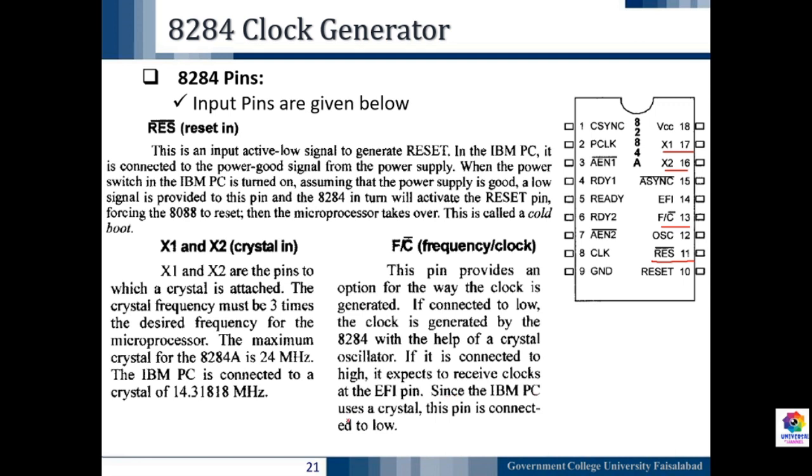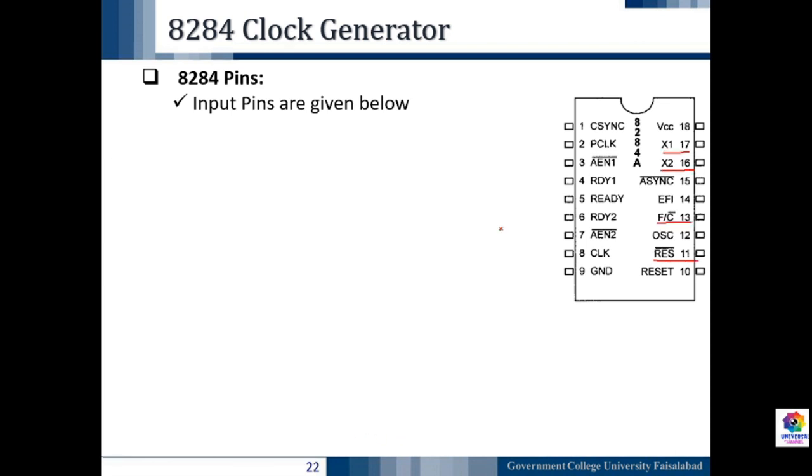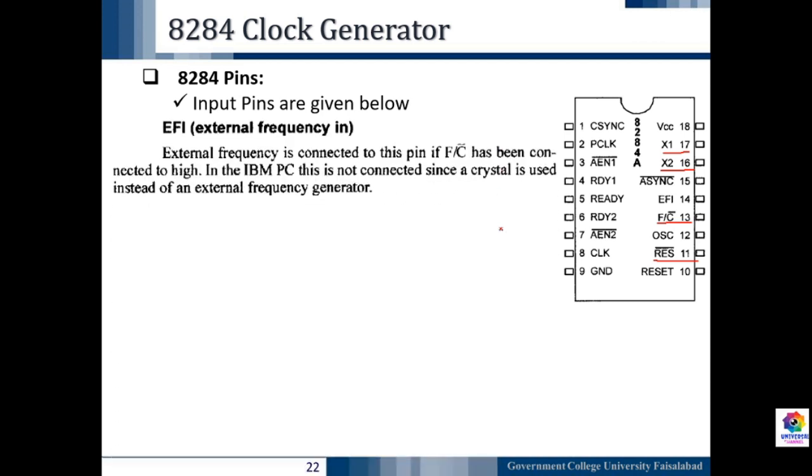Since the IBM PC uses a crystal, this pin is connected to a low signal. Now the next pin is the EFI, which is external frequency in, and it is pin number 14.